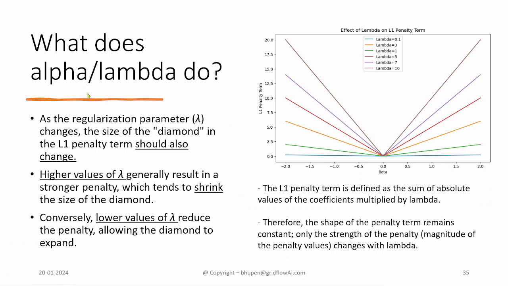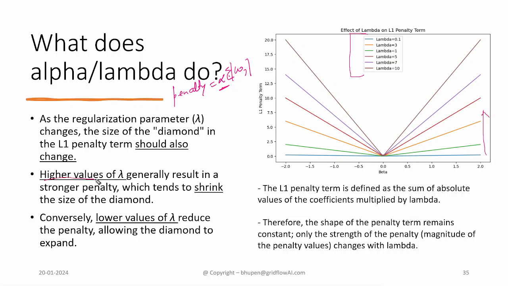So what do alpha and lambda do in the formula that we have seen? I showed you earlier. Let me write it here. Essentially the penalty is equal to alpha times the sum of the Wj here. So what does this alpha do? For various alpha, let's say we change the value from 0.1, 3, 1, 5, and 7 in increasing order. Then you notice the strength of the penalty term is increasing.